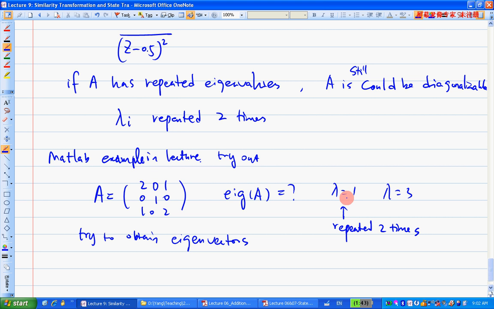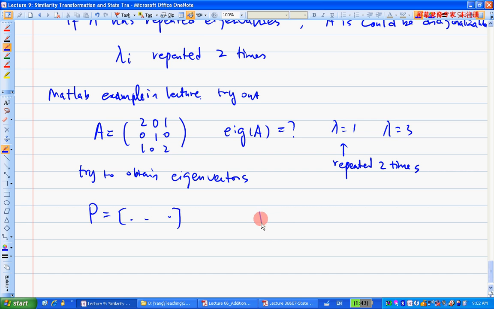Are they linearly independent? If they are, can you form the matrix P by using the 3 eigenvectors? Once you form P, see what that gives you. Does that give us the diagonal matrix? All right, so try it out.